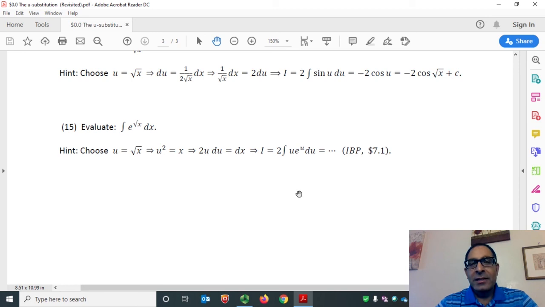The name of that technique is integration by parts. I wrote IBP, so that falls under another section, which is 7.1. We'll start in our next class. Great. So then I will finish this question in the next class using the IBP formula.